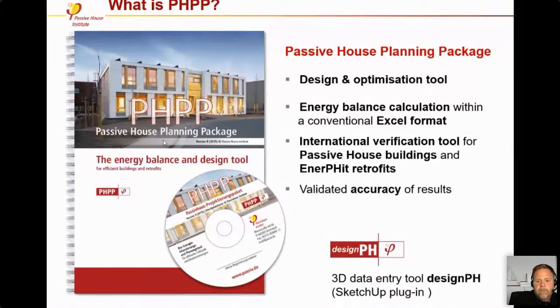It's the international verification tool for passive house buildings and NFIT retrofit. Let's not forget this: in dynamic simulations, this verification isn't available, so this is only in PHPP. Worth a first mention here is also designPH as the 3D data entry tool for PHPP.